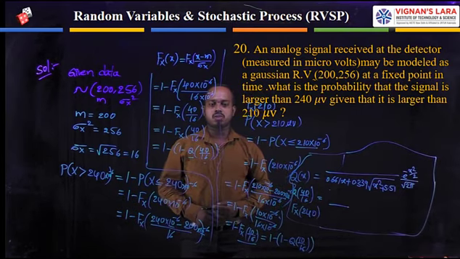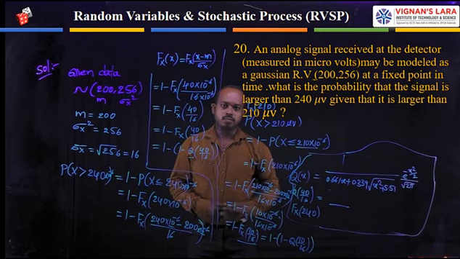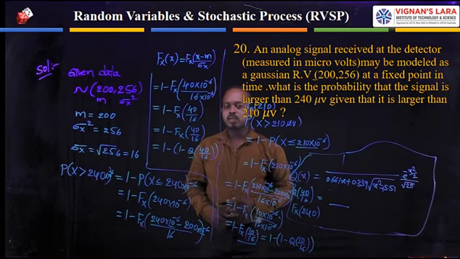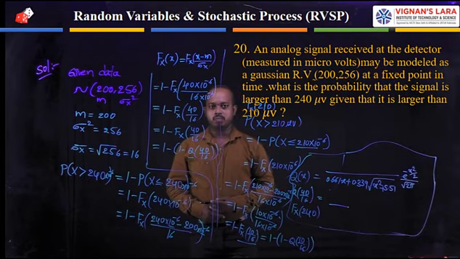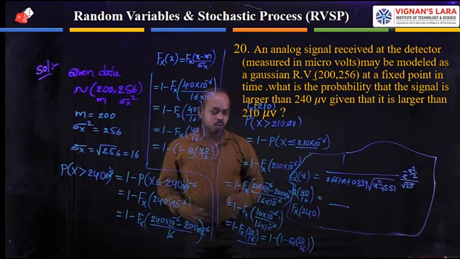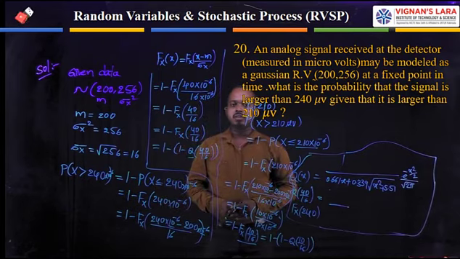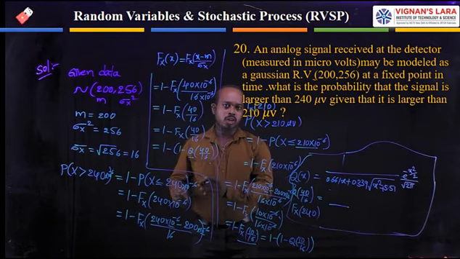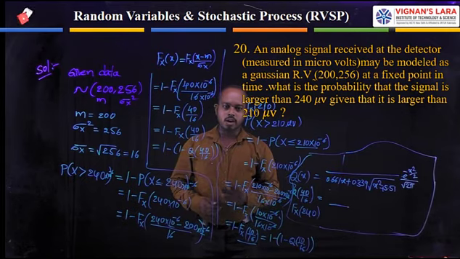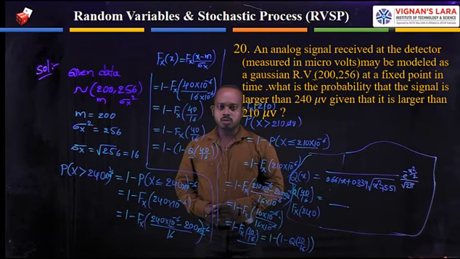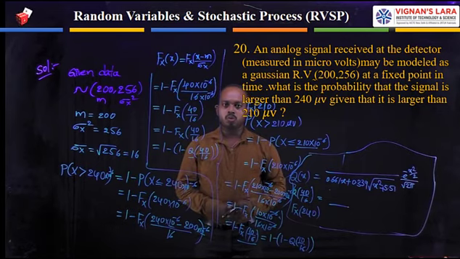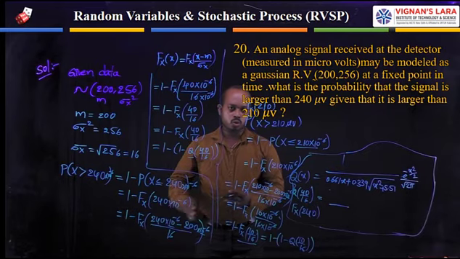Finally, what is being asked is which value is greater. That's why you take the ratio of the lowest value and the highest value. First, find the distribution for more than 240 microvolts, and find the distribution for more than 210 microvolts. After completing these two, find the ratio of these two.